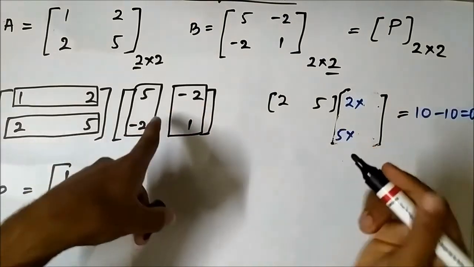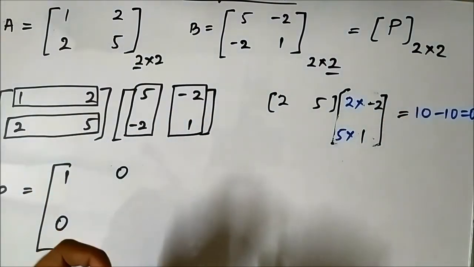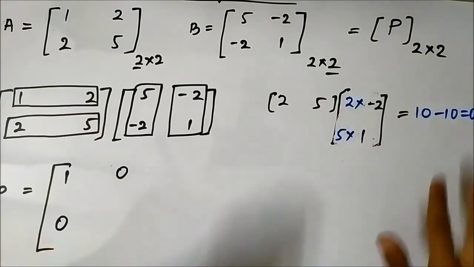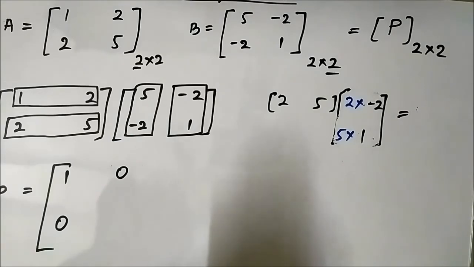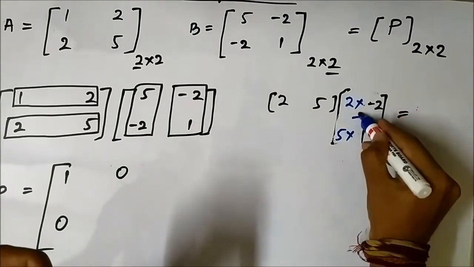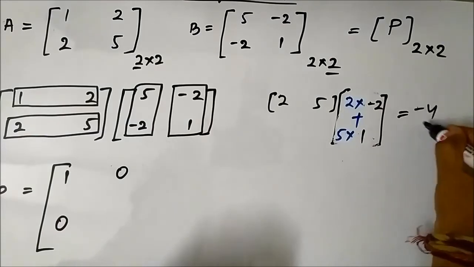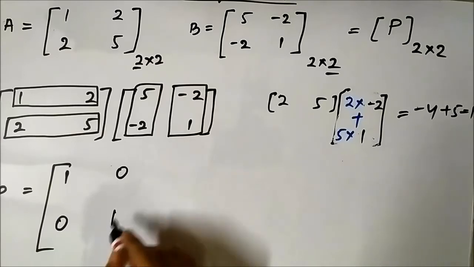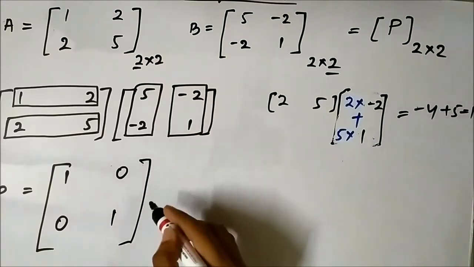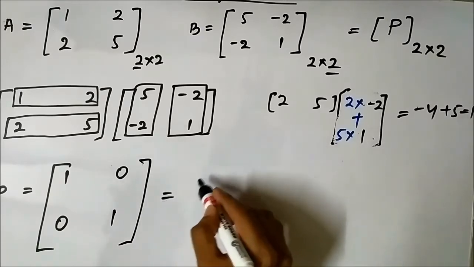This gives us minus 4 and 5, and these two are added. Minus 4 plus 5 is equal to 1. So we get the matrix 1 0 0 1, which is a second order unit matrix.